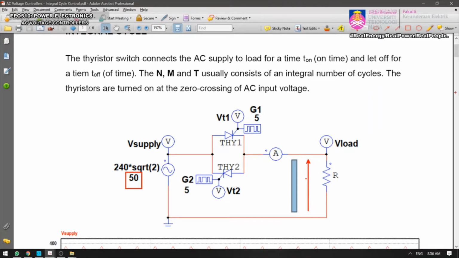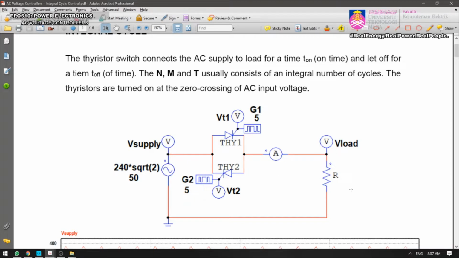That's the main observation, so the output will have a different level of voltage as well as a different fundamental frequency. Again we have an input of 50 hertz, but in this example the output is going to have only 5 hertz.